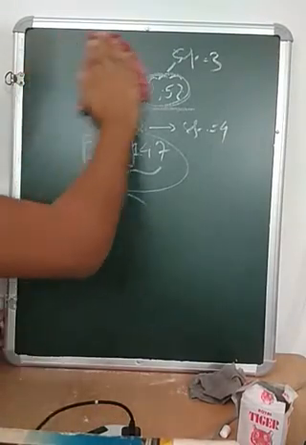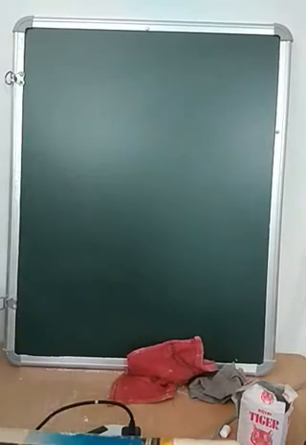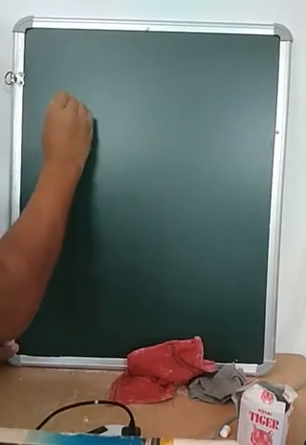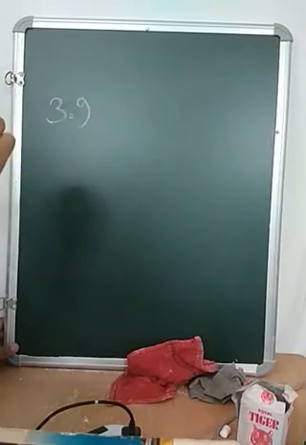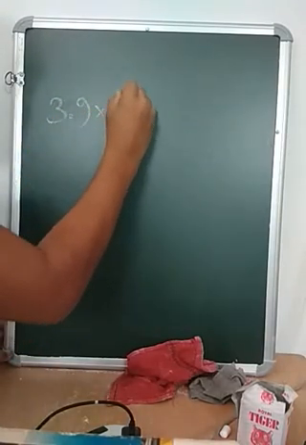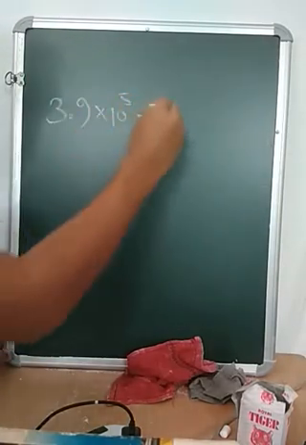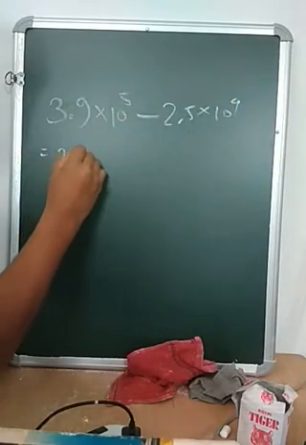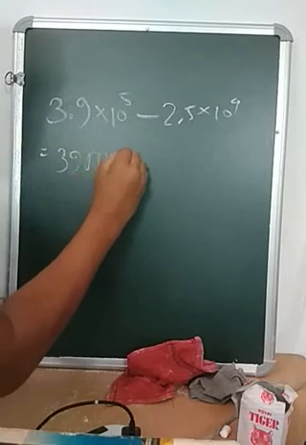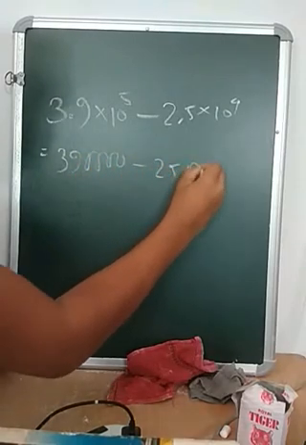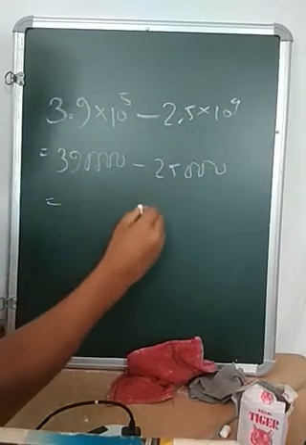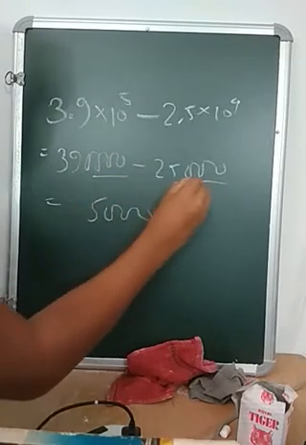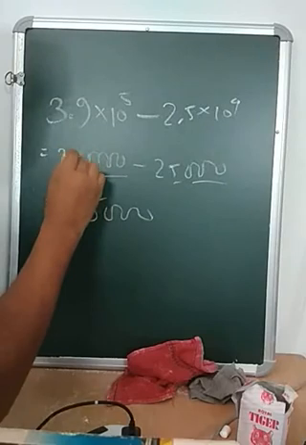Now the next question was to subtract numbers: 3.9 into 10 to the power 5 minus 2.5 into 10 to the power 4. So 39, 1 2 3 4, minus 2 5 3. And when you subtract this, how much will it be?